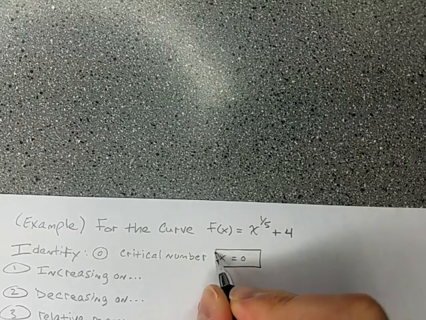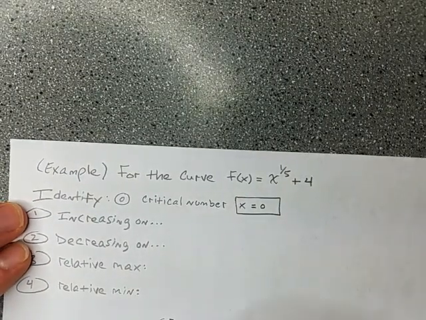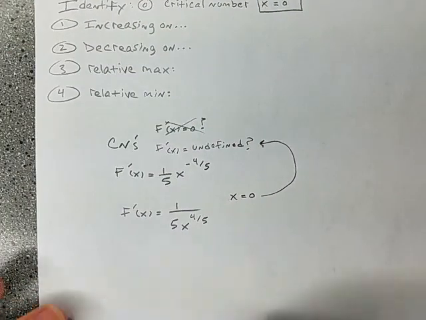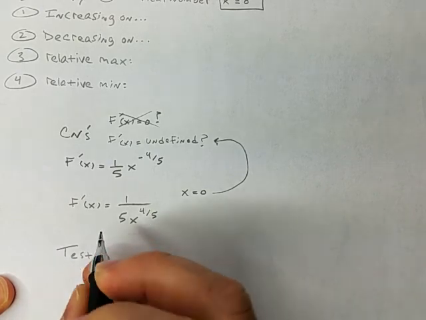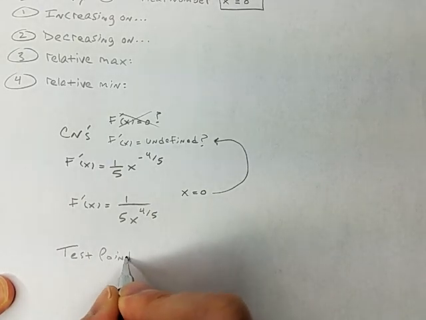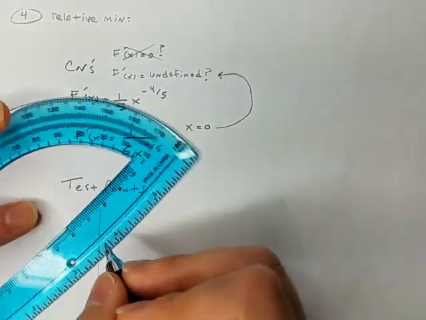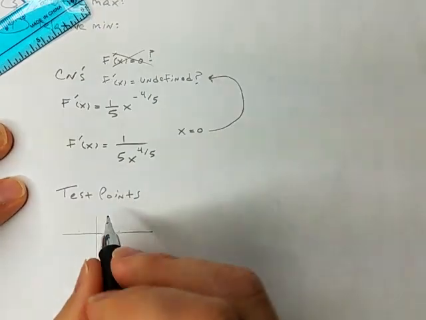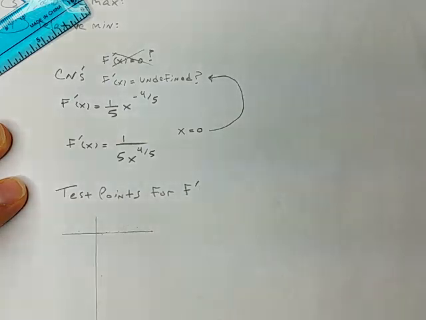All right, so now we'll figure out where it's increasing or decreasing. So I just test outside of that number. Let's do some test points in an effort to follow up that first part. Well, I know I've said it in the other examples. What am I testing? Test points for f prime.